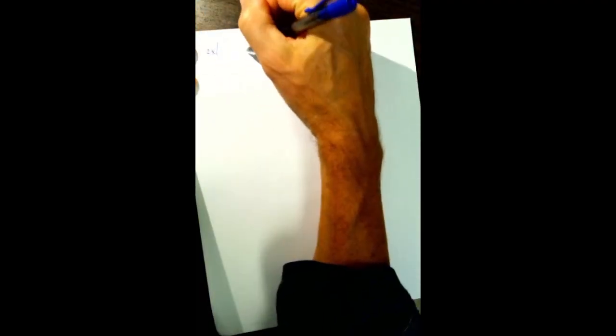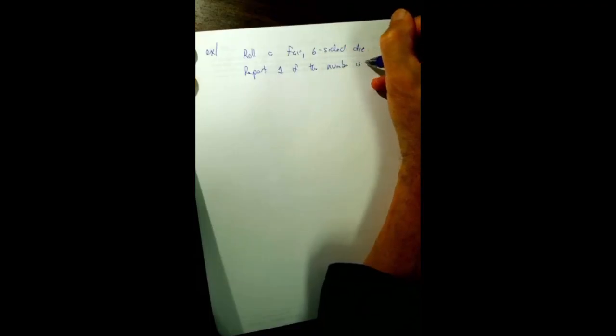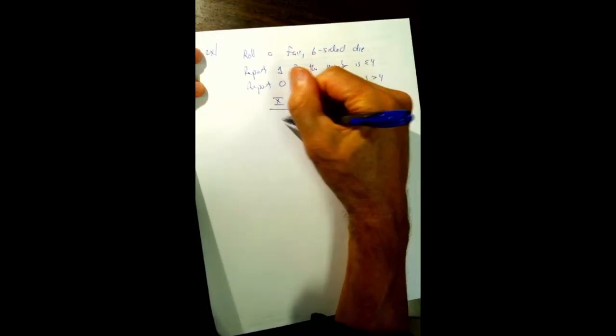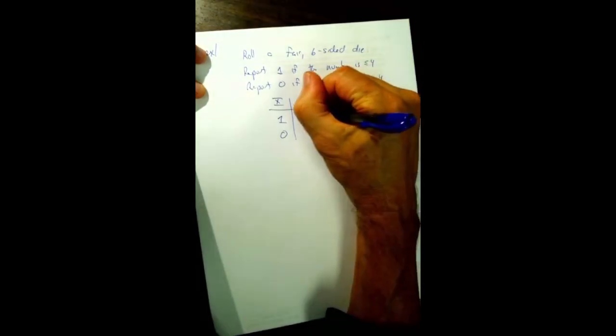So for example, if I roll a fair six-sided die, I could report a 1 if the number is less than or equal to 4, and I could report a 0 if the number is strictly greater than 4. So in this case, I can have either a 0 or 1, and the probability I get a 1, so I could have 1, 2, 3, 4, is going to be 4 out of 6.